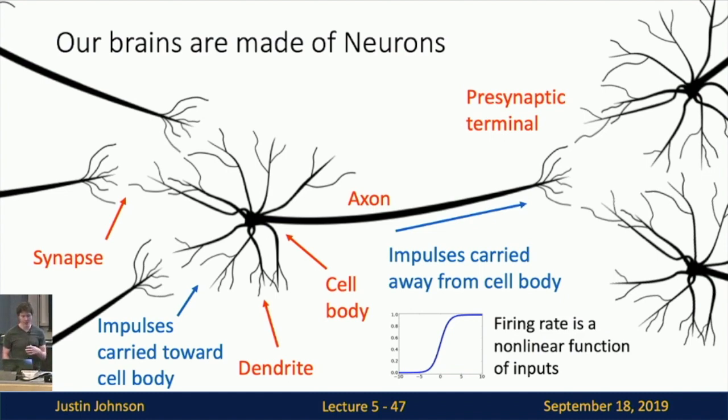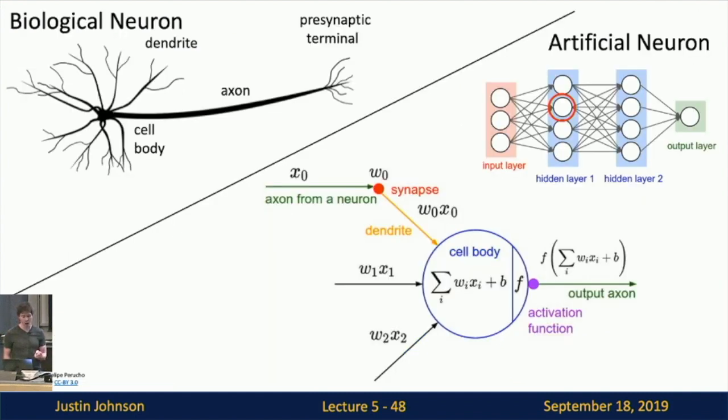So we can imagine a very, very simple, very crude mathematical model of a neuron, where the cell body collects all of the incoming signals and sums up the firing rates of all of the incoming neurons on the left. Then, based on this sum, we apply some kind of nonlinear function, maybe a sigmoid, maybe a ReLU, maybe some other nonlinearity, that computes the firing rate of this neuron as a function of the firing rates of all of the input neurons.